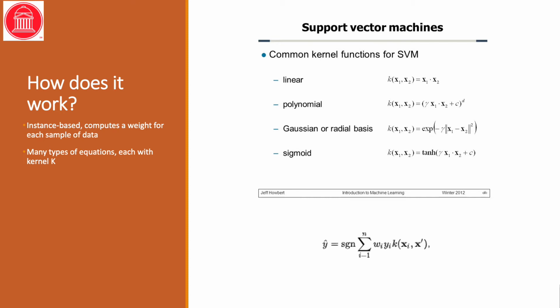I've got four of them on the screen here for linear, polynomial, Gaussian or radial, and sigmoid kernels. In each of these equations, the k variable represents our kernel. This is the function that we define to compute that instance-based distance weight for those particular pairs.